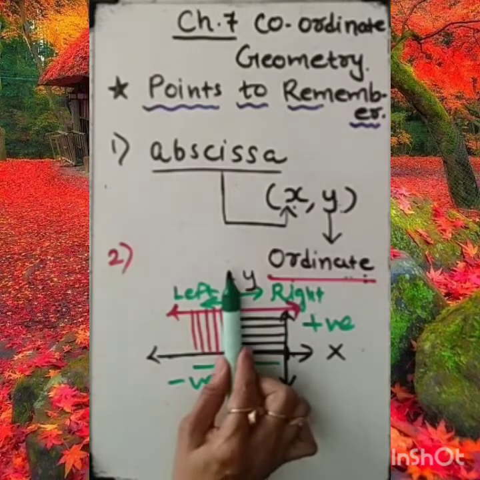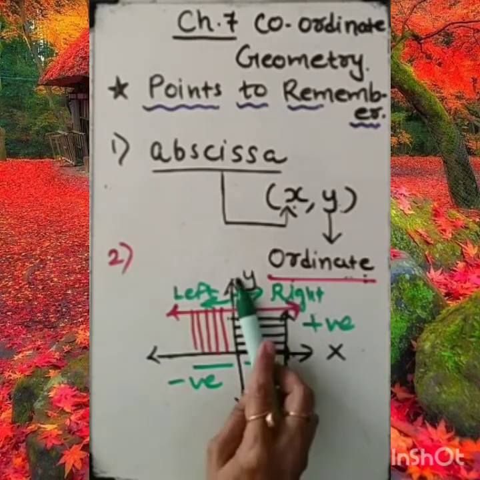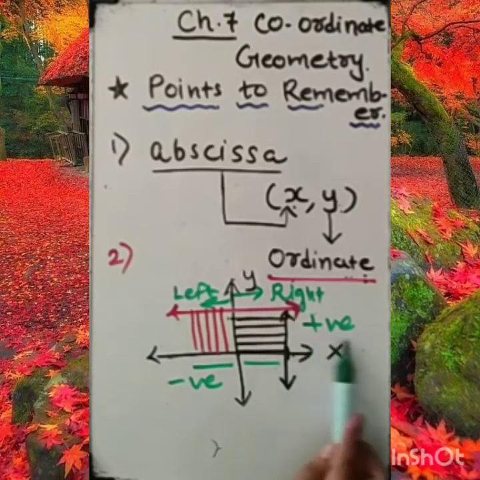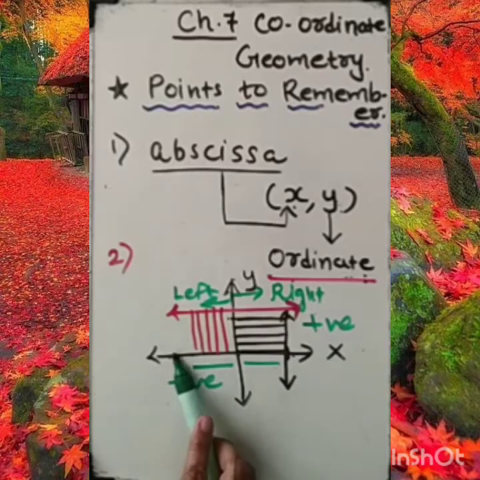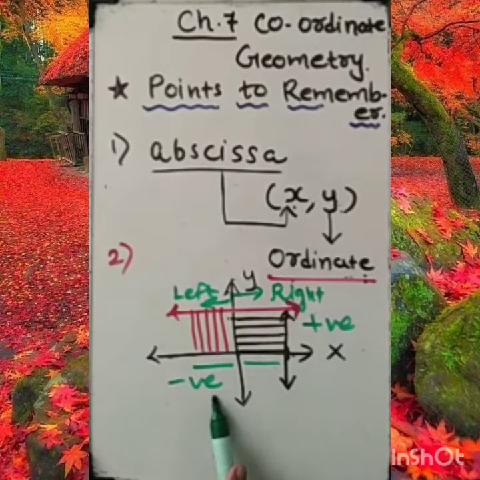If we are considering abscissa and we proceed to the right side of the y-axis, then all the abscissas you will find positive. And same thing here: we are finding abscissa on the left side, to the left side it is negative. Clear to you?